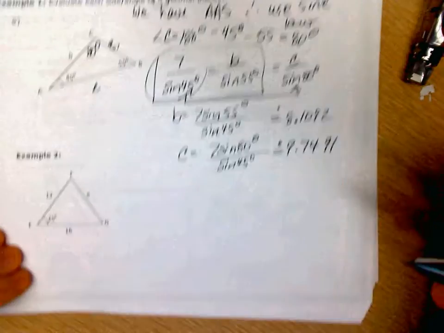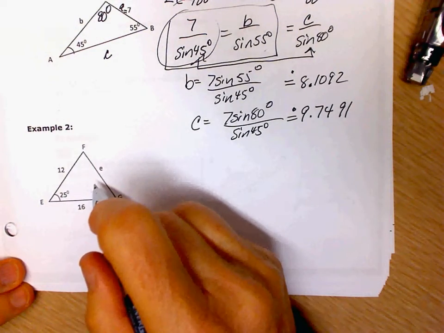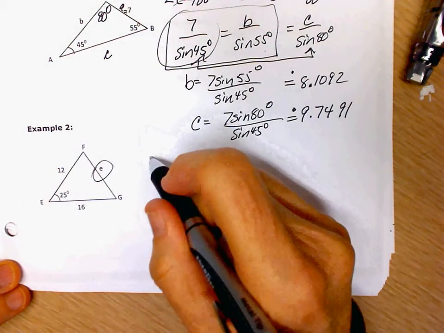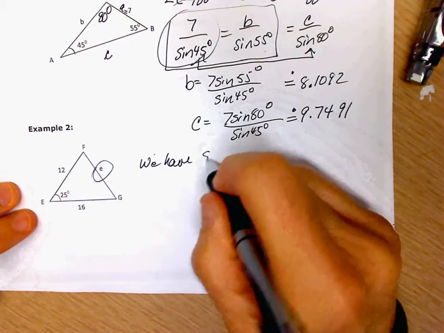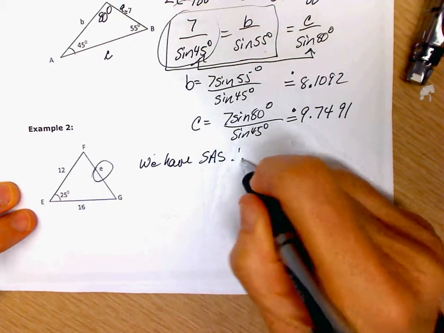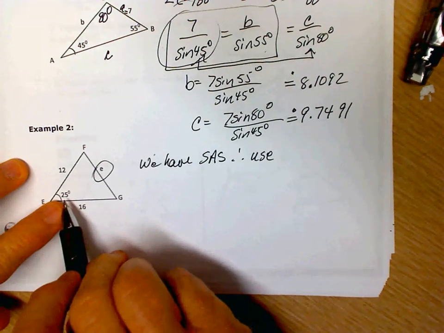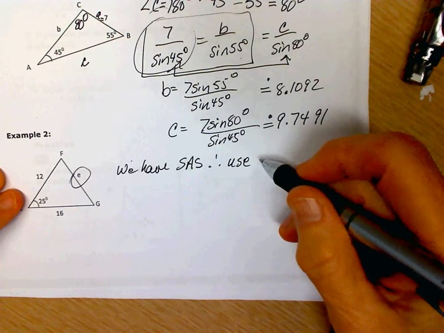So let's do it. Let's find E. So notice we have side, angle, side. Therefore, which one are we going to use? Side, angle, side. The angle is contained. So we're going to use cosine law, right?